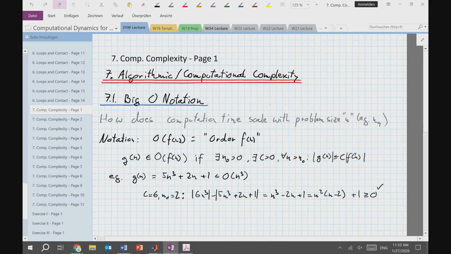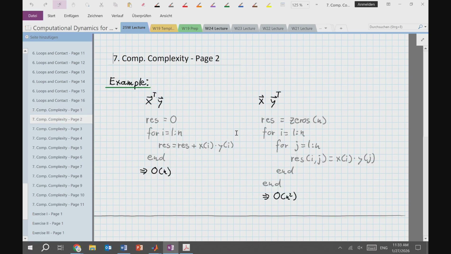For everything that we will do in this class, there's a different, more practical way of looking at computational complexity. Today I will skip through my notes a little bit because I want to start with an example to give you this second view onto computational complexity.